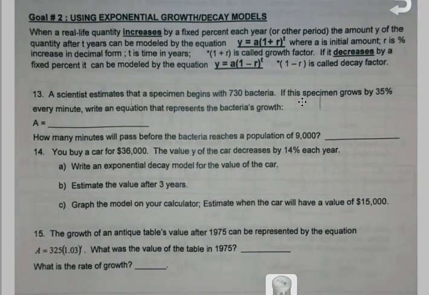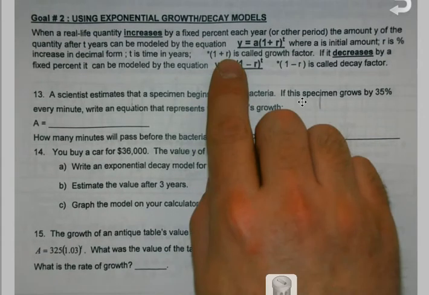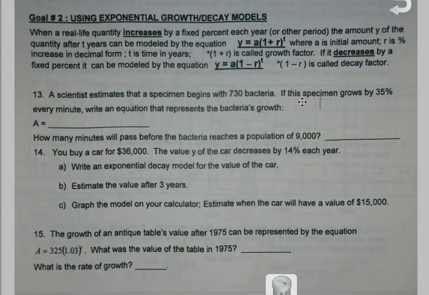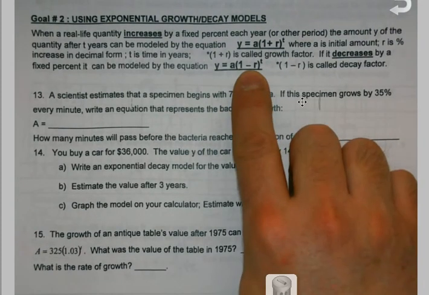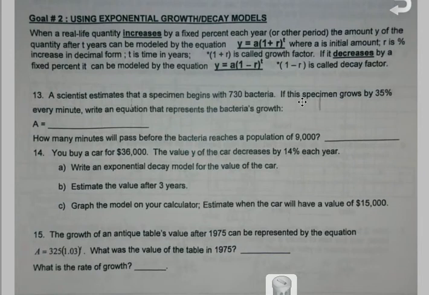That may be money, it may be grams or pounds of something, it can be anything. r is the percentage increase in decimal form, and t is the time in years. 1 plus r is called the growth factor. So you'd actually add whatever that percentage is to 1 to get that factor. If it decreases, it's the same idea, except you're subtracting the rate now instead of adding it.